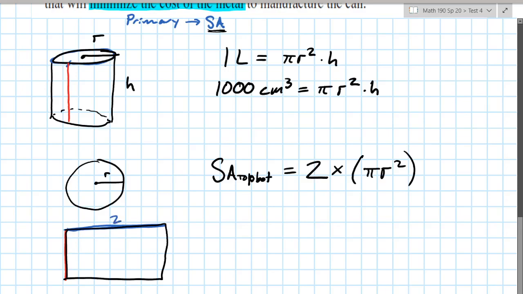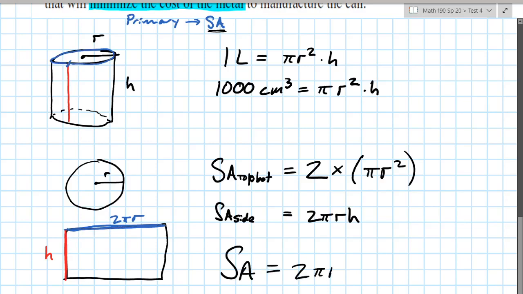So this would be 2 pi r, the circumference, and then this would be h. So the surface area of the side is going to be 2 pi r h. So the total surface area is going to be 2 pi r squared plus 2 pi r h.